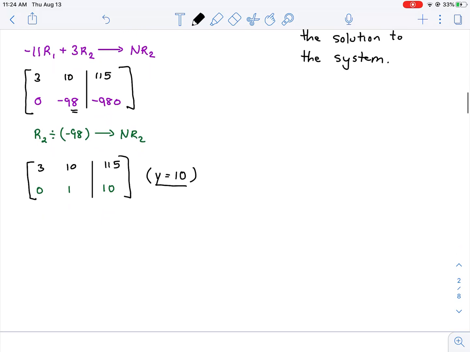All right, now we want to make this 10 a 0. And we can do that by taking negative 10 times row 2 and adding it to row 1, and that will give you a new row 1. So this time, row 2 does not change. So I'm going to start by writing row 2 down first.